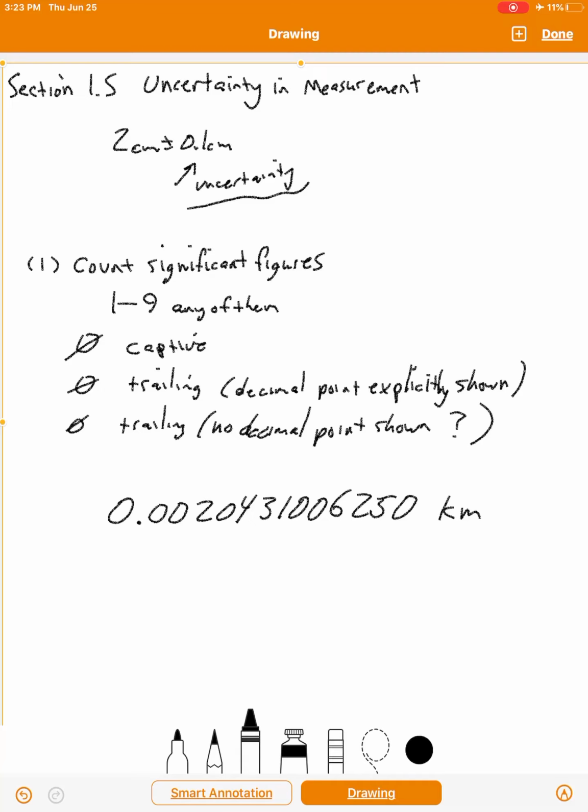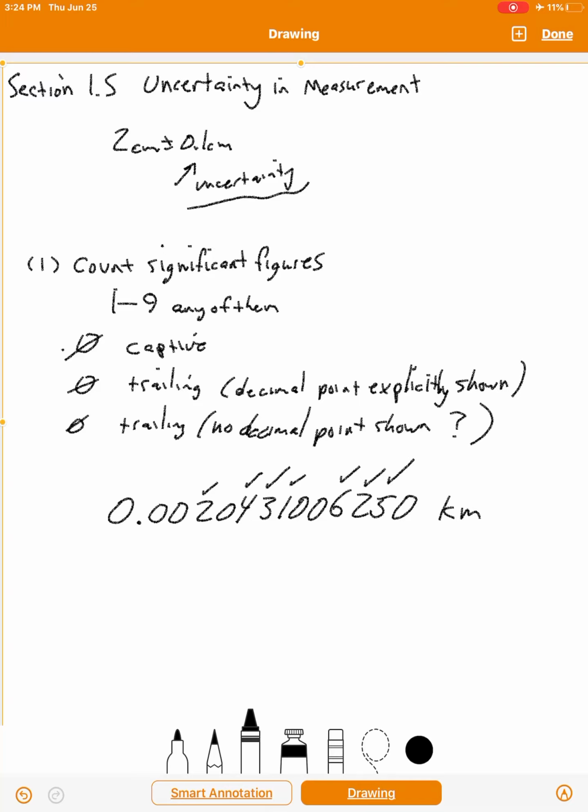Okay, so there's your measurement. All we're going to do is count the number of sig figs. That's the first step, counting sig figs. So any number that's between 1 and 9 is considered significant. So this one is, this one is, this one is, this one is. Doesn't matter, as long as it's between 1 and 9, it counts as a significant figure.